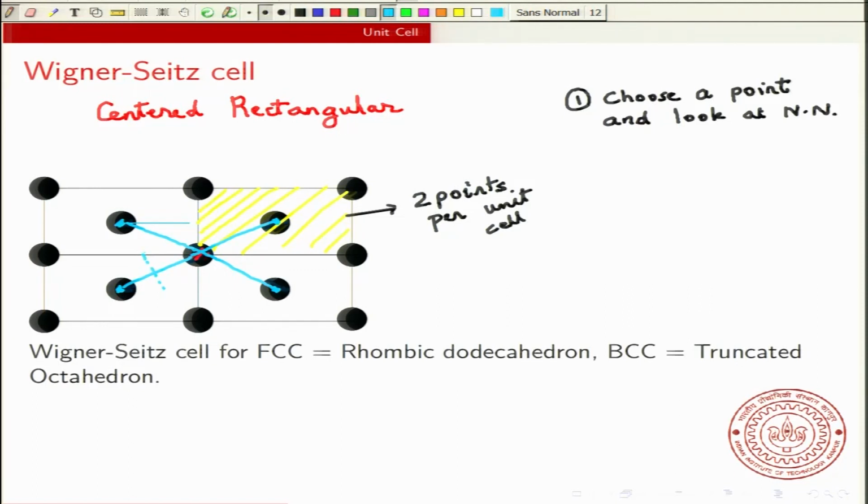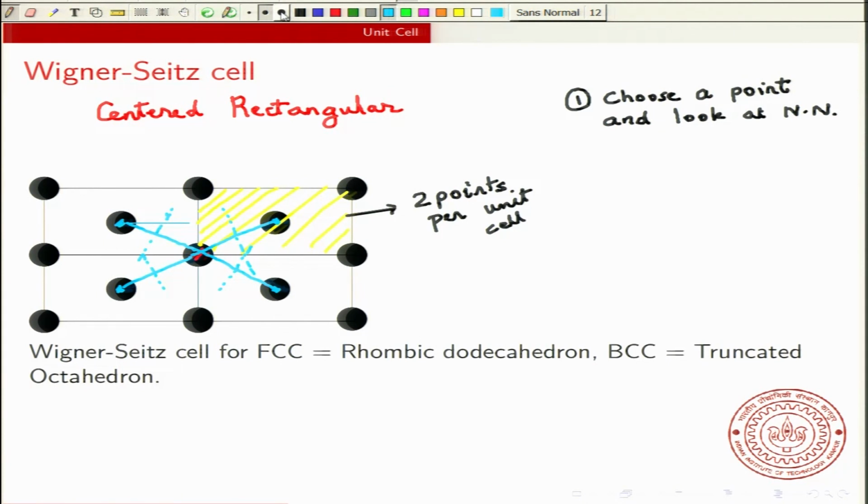Similarly, I draw a line perpendicular to this line, and finally, I draw a line that is perpendicular to this line. So these are lines that are perpendicular to each of these lines that join the nearest neighbors.